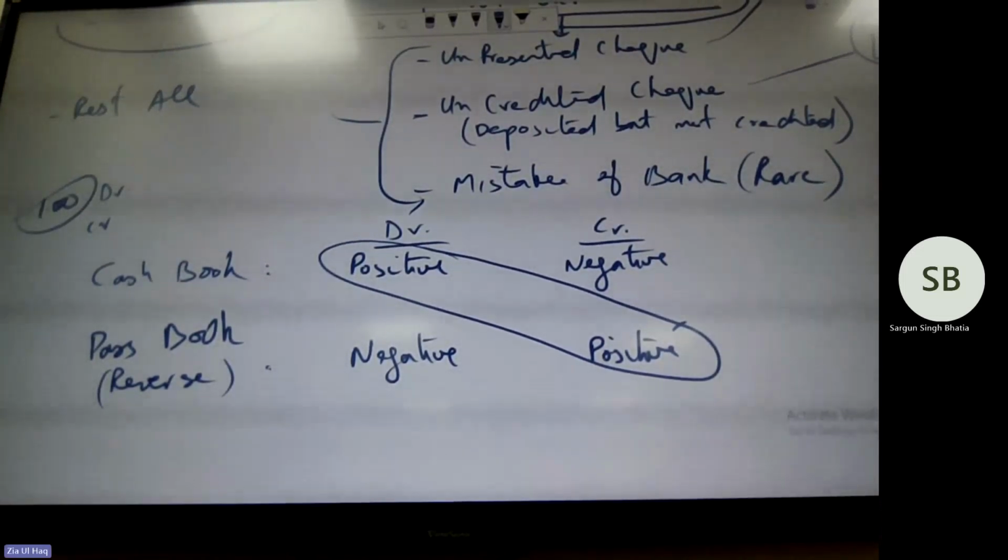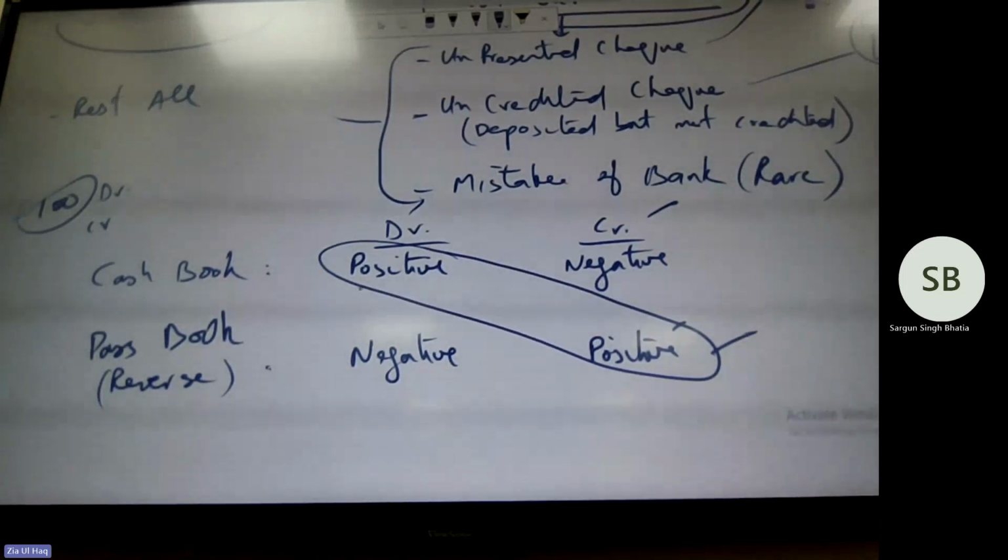Receipts we normally record on the debit side of the cash book, but receipts, meaning deposits into our account, will be reflected on the credit side of the passbook. The passbook works in reverse order. Payments in the cash book we record as credit, but payments in the passbook will be recorded on the debit side.